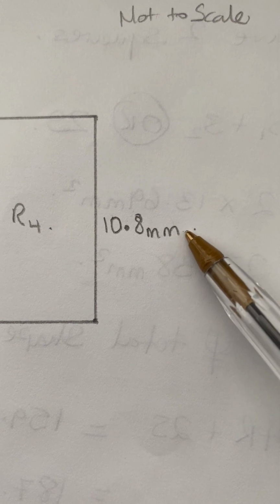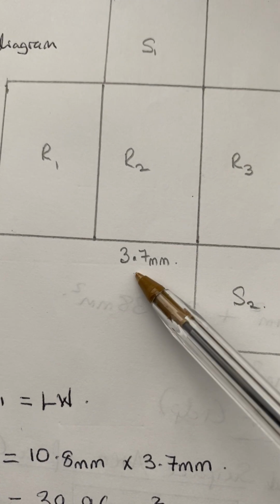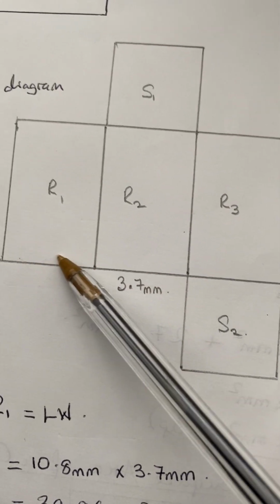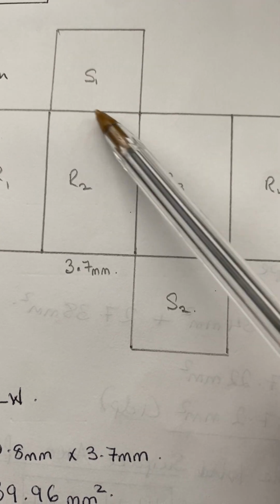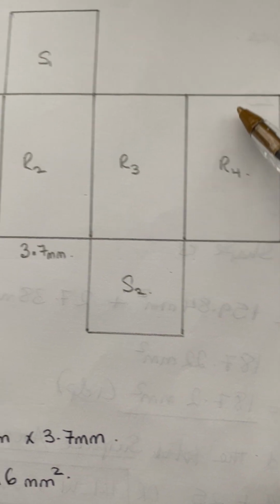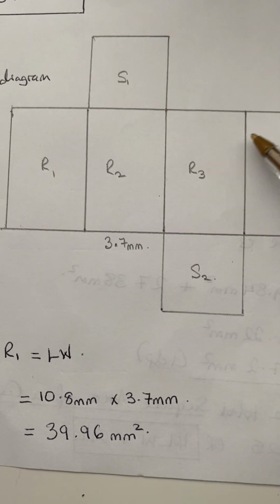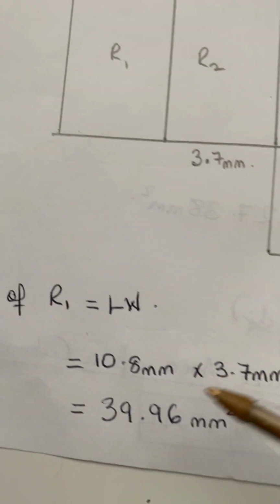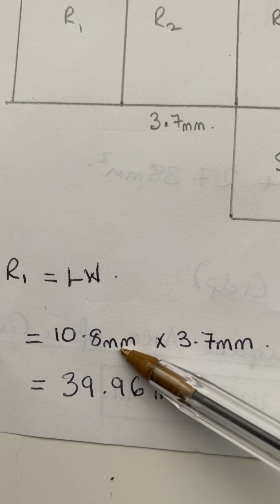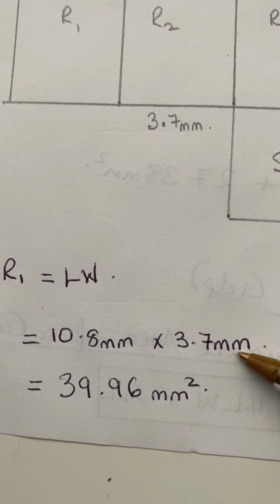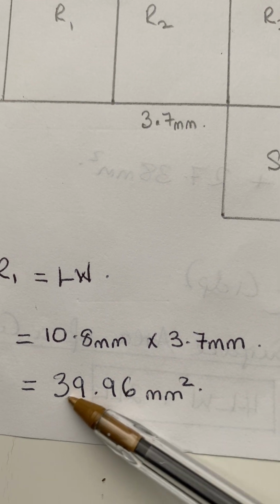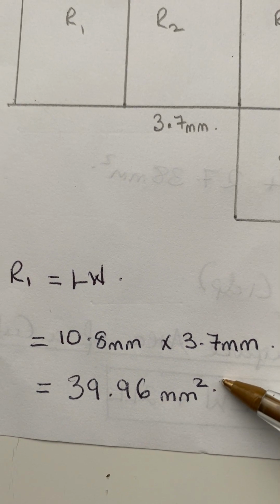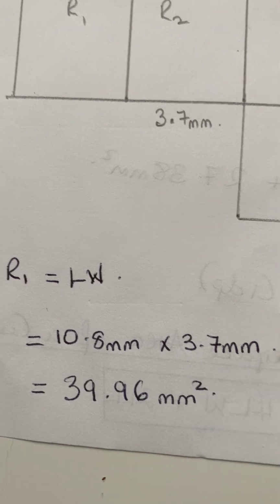So this is 10.8 millimeters times 3.7, because we know all these widths are 3.7. Not to scale, by eye judgment, but they tell us it is 3.7. So the first rectangle, 10.8 millimeters times 3.7 millimeters, we get 39.96. This is 2 decimal places.